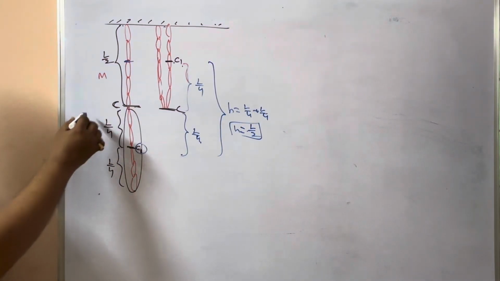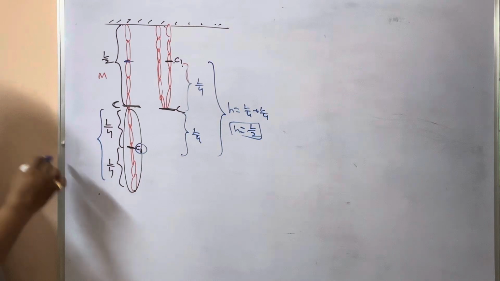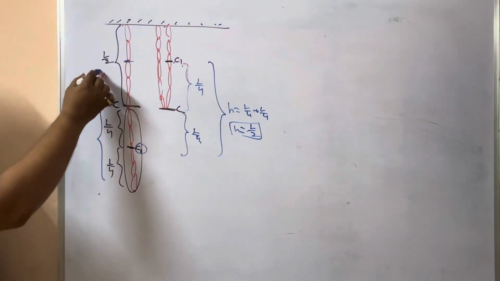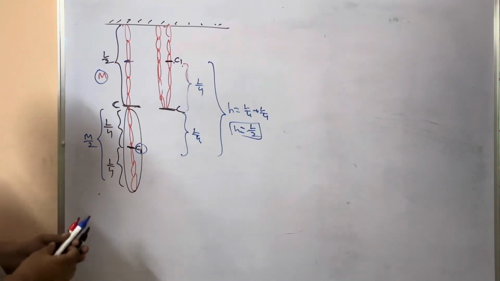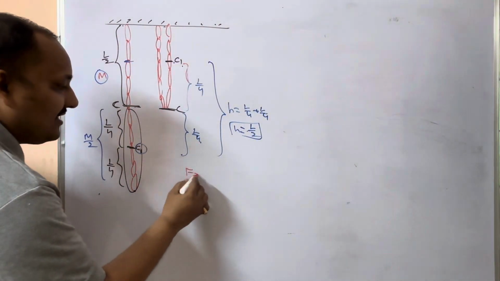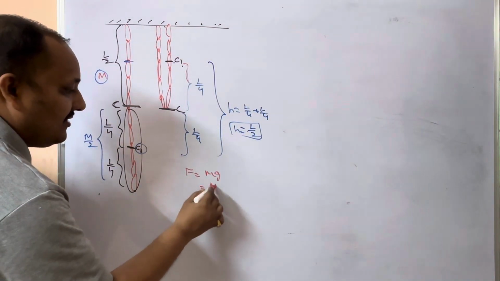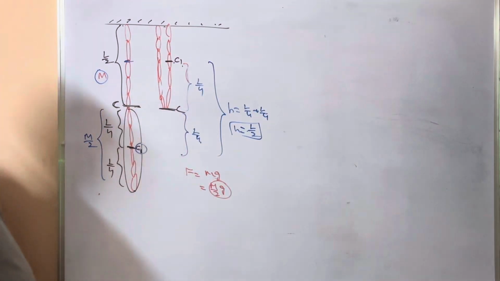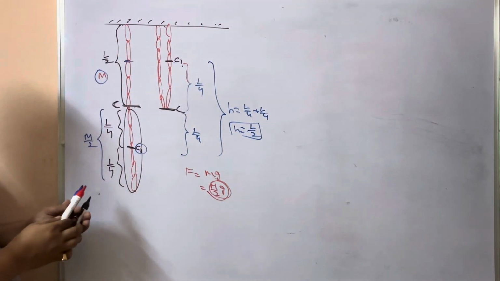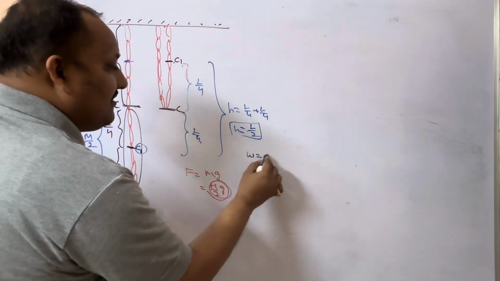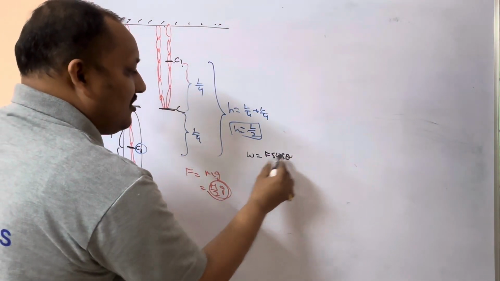Now you have done work on this mass only. The total mass is capital M, so the mass of the below portion is M by 2. The gravitational force mg is M by 2 into g. This much force we have to apply, minimum, to pull this chain like this. The work done formula is Fs cos theta.